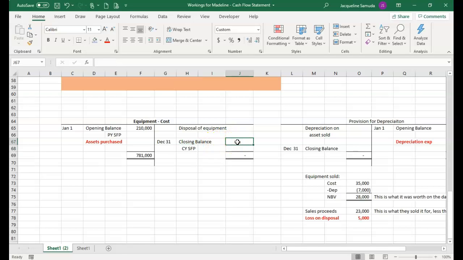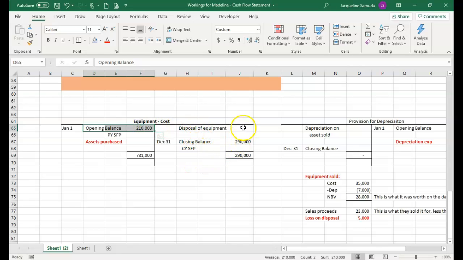The closing balance for cost is $290,000. Now you were told in the question, and we have it here, that the equipment that was sold had cost $35,000. Now remember, at the start of the year, the $35,000 was a part of the opening balance.